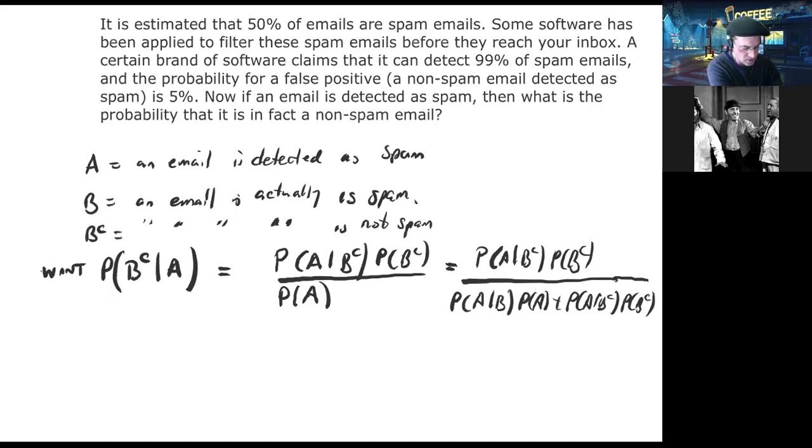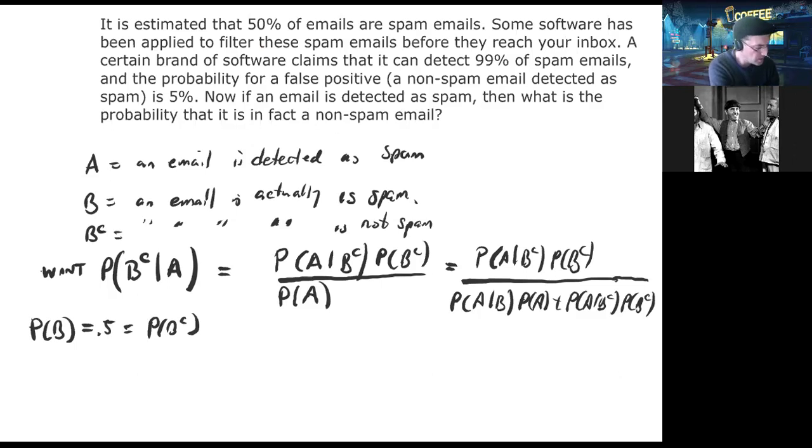So first of all, let's consider the event B. B says an email is actually spam. Okay, so 50% of all emails are considered to be spam emails according to the first sentence of the question. So that says the probability of B is 0.5, which is also the probability of B complement. So we know what that is.